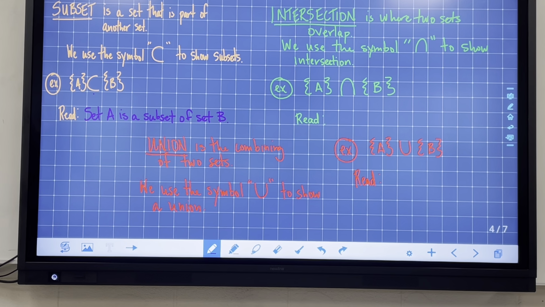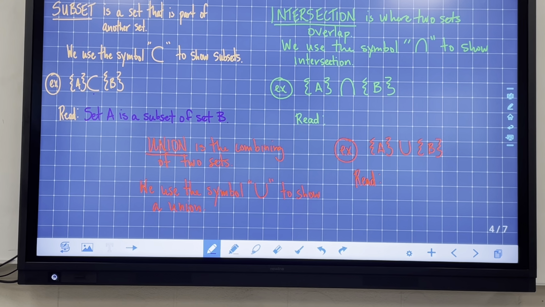Okay, so in the example, how would I read that, right? So just practicing it. Oh, I'm sorry, back up. So we use the symbol that's shown there to show an intersection. Okay, so the way I can remember this, right, is that it kind of looks like an N. All right, so intersection is an N. Okay, you'll see when we get to the next one, it makes even more sense.